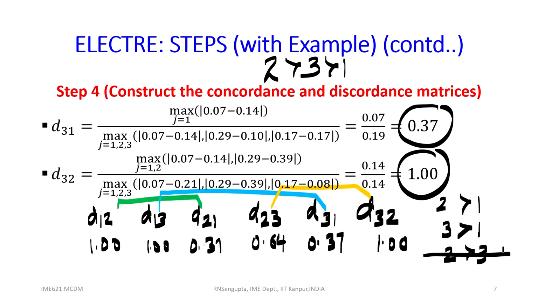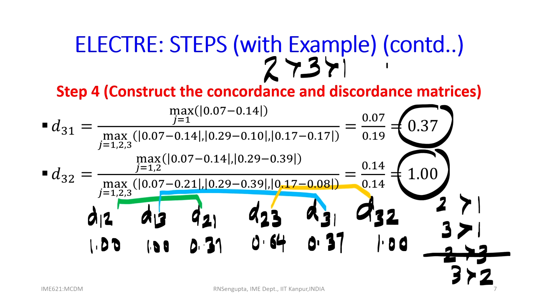But it could have been that here, in place of 2 being greater than 3, you could have had 3 is better than 2. I am not going to the values as such, it could have come out that way.